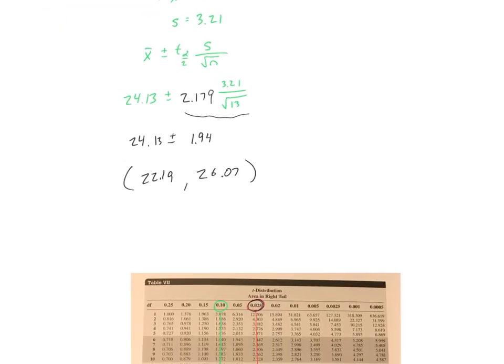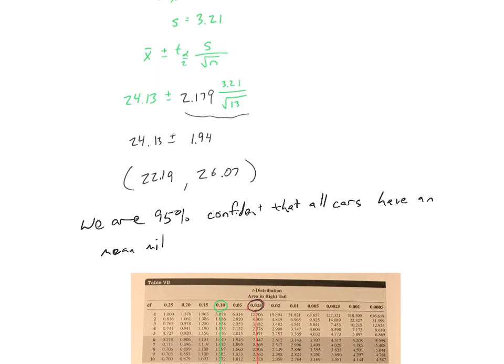Okay, so what does this mean? This is a statement, an interval about the population. We are 95% confident that the population, that all cars, because that's the general thing we were told at the beginning of this problem, that it was a random sample of cars, have a mean miles per gallon between, and for this I'm just going to round to the nearest whole, 22 and 26 mpg.